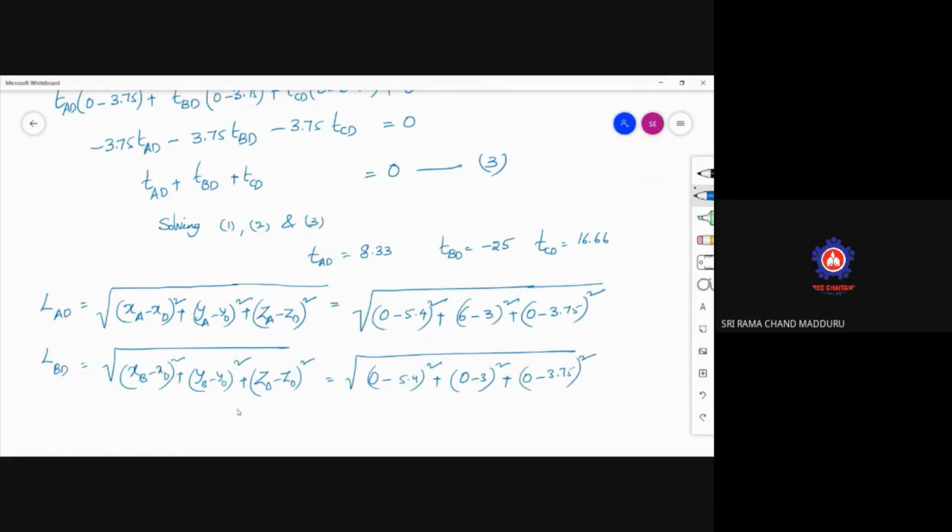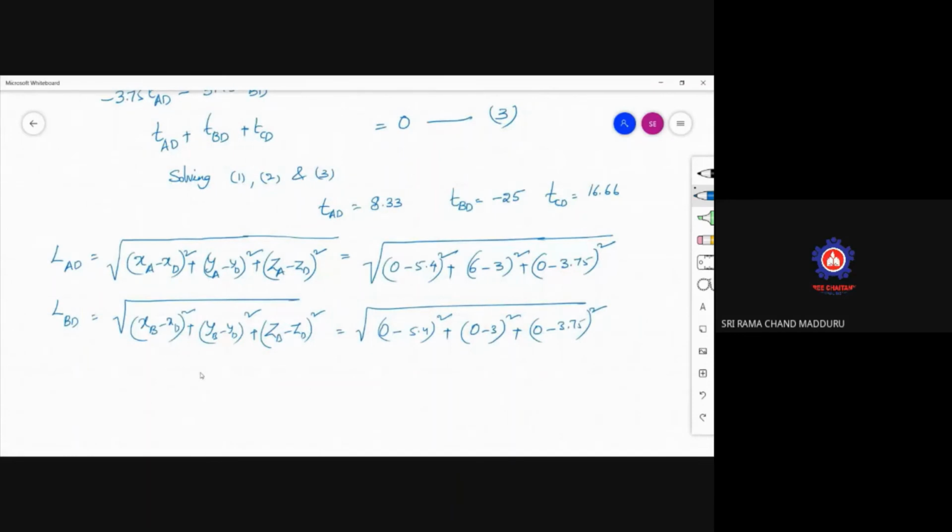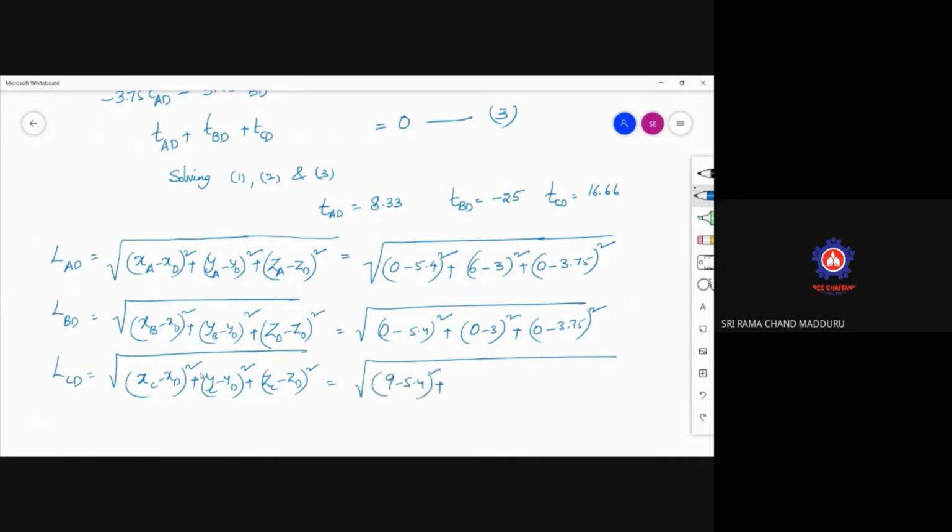This gives the length of member BD. The length of member CD is the square root of (XC minus XD) whole square plus (YC minus YD) whole square plus (ZC minus ZD) whole square, which is the square root of (9 minus 5.4) whole square plus (3 minus 3) whole square plus (0 minus 3.75) whole square. You can get the values of LBD, LAD, LCD in meters.